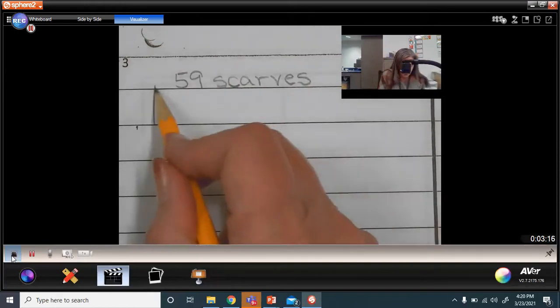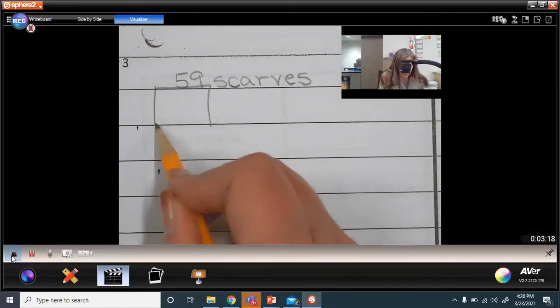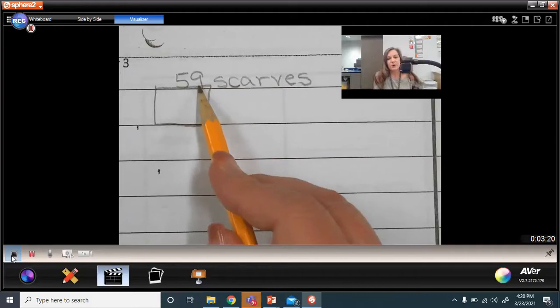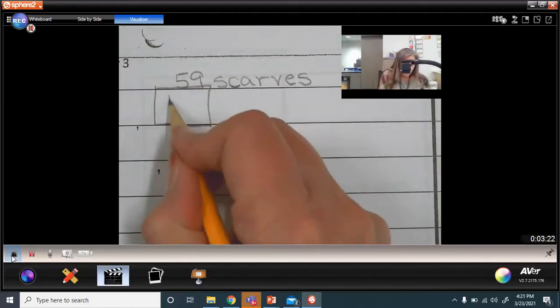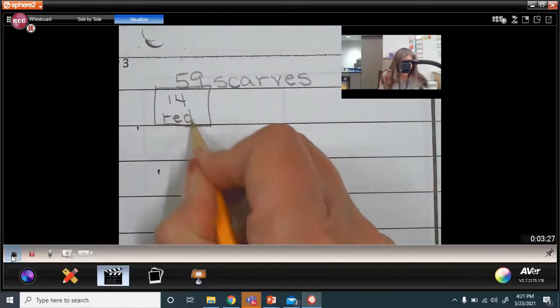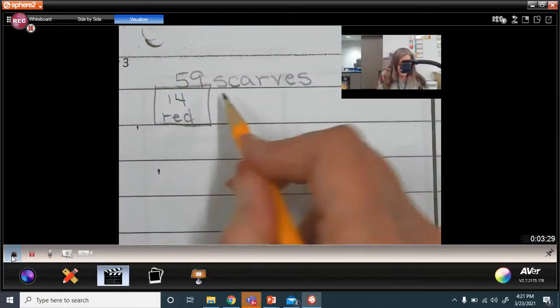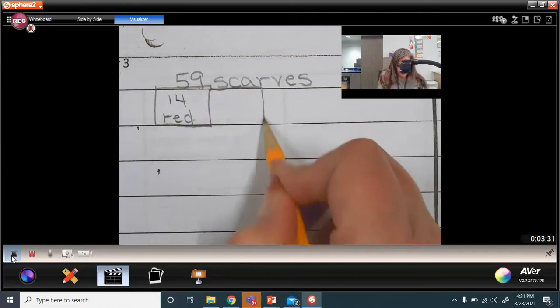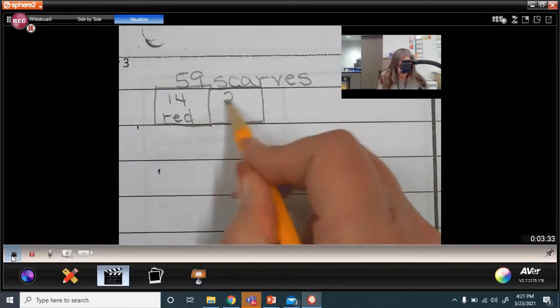Now, again, one of those bars is a part of the total. Again, 14 of them are red. 29 of them are striped.